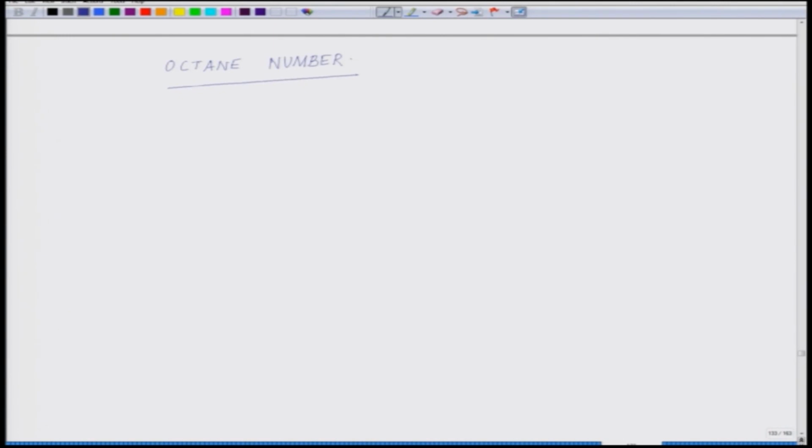Going by the definition, sometimes you will see octane number, or it is also called octane rating. And there is a common unit used for that, it is called RON.